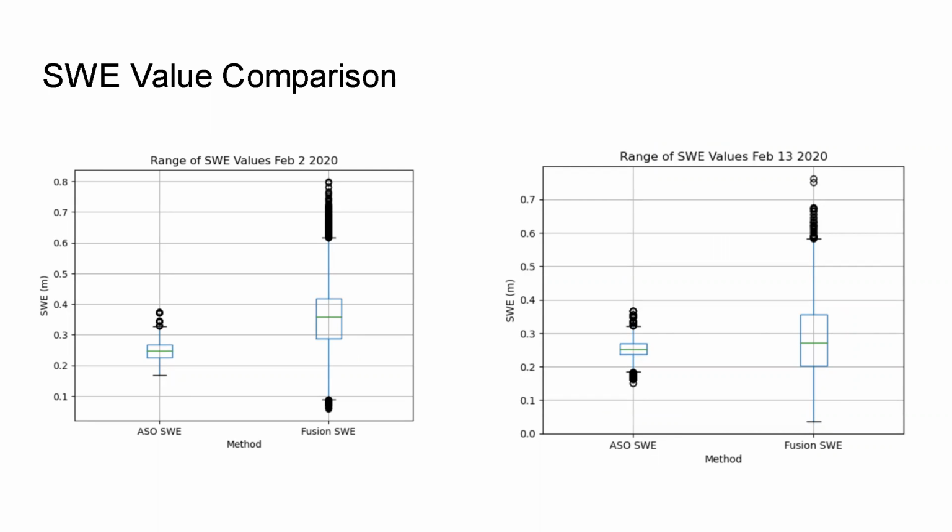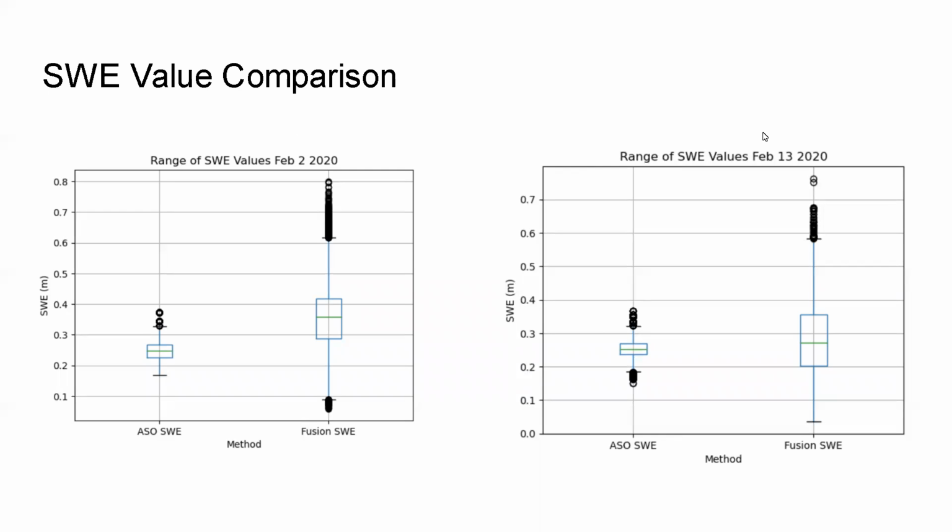Yeah, so when comparing these two ways of calculating SWE, we saw that the spread of our data supports our hypothesis that the GPR is going to capture more heterogeneous density across the landscape that we'd expect to see. Like Tate mentioned, there does need to be some outlier removals that you can see here.